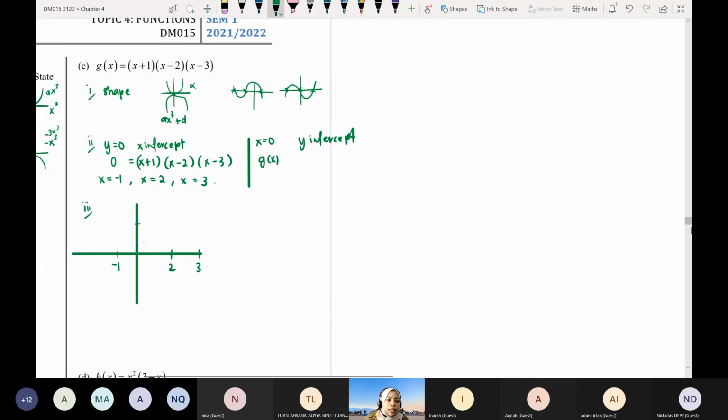So, kalau ni ganti 0, dapat 1. Ganti 0 lagi dapat negative 2. Ganti 0 minus 3, dapat negative 3. Okey, berapa sayang? 6. So, dekat atas ke kat bawah? Atas. So, sekarang kita tahu dia naik dulu.